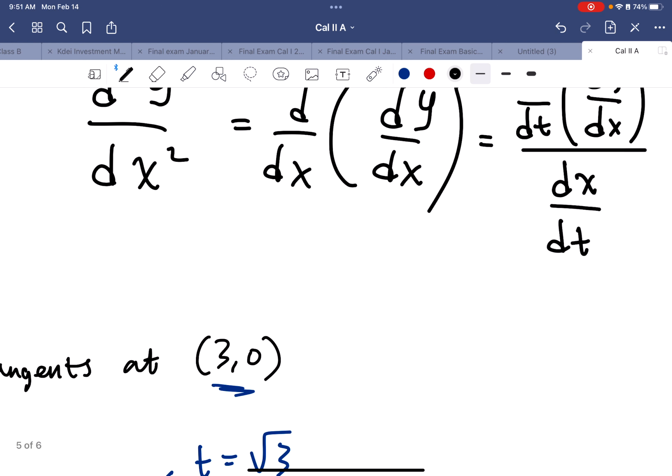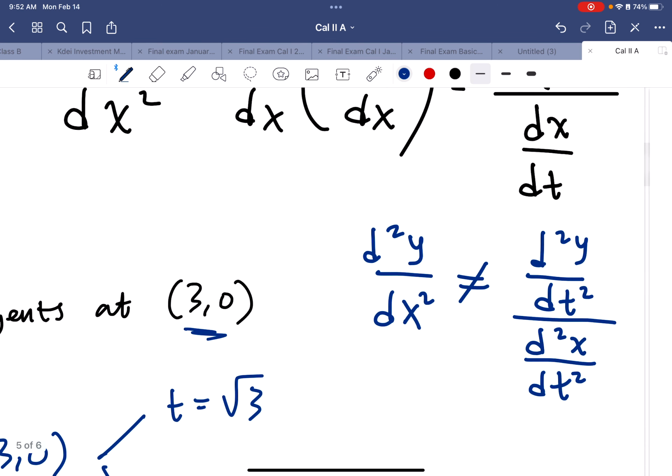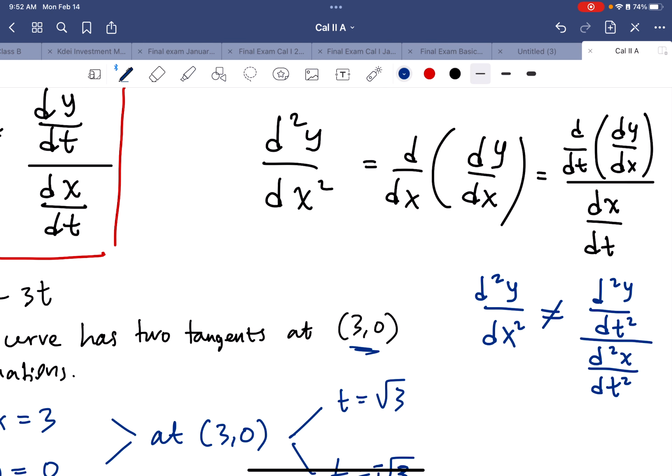So if you have this, it is not equal with this. Okay. So to get to the concavity, you can go to this approach here. Okay.